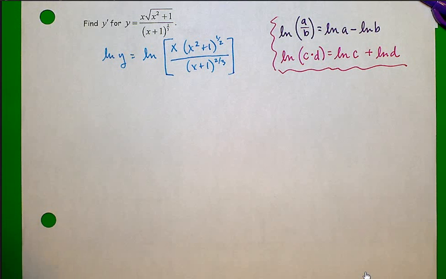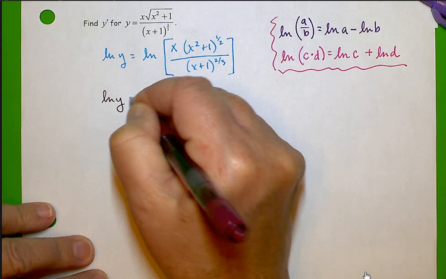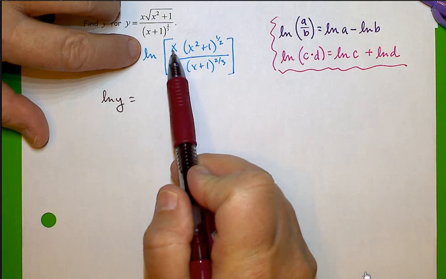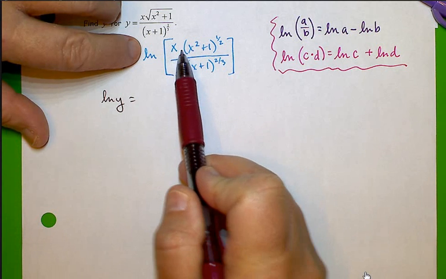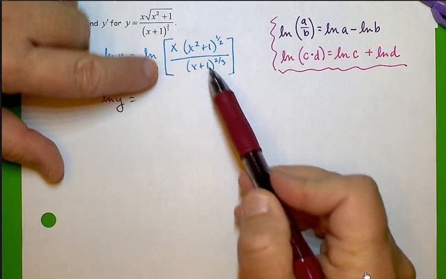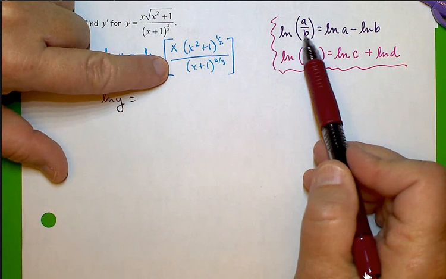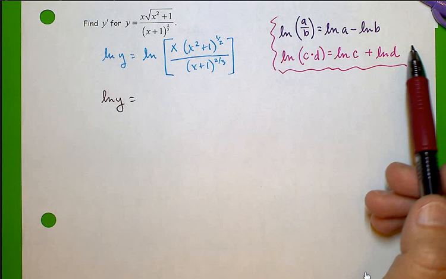And let's rewrite the right-hand side. In the numerator, these two functions are separated by multiplication, so I'm going to use this rule. And then the numerator and the denominator obviously is a quotient, so I'm going to separate it using this rule. So let's do the numerator first.